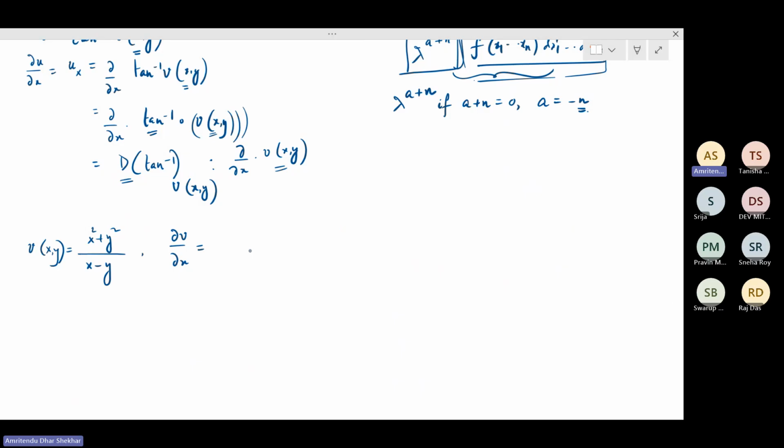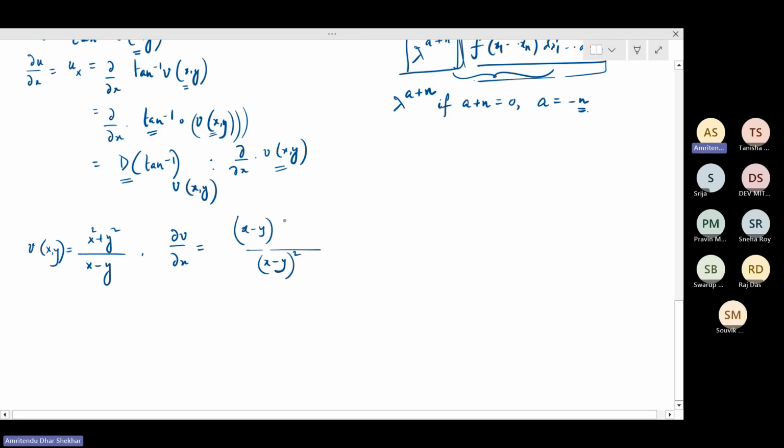So this is equal to one over x minus y squared, times x minus y times the derivative of x squared plus y squared, minus x squared plus y squared times the derivative of x minus y, the u by v rule.